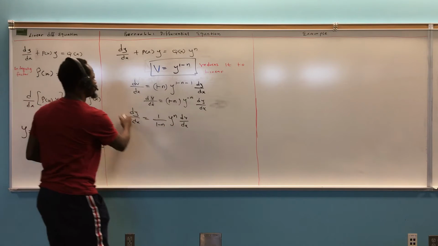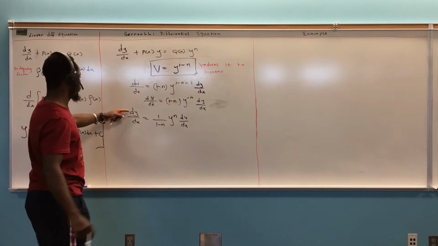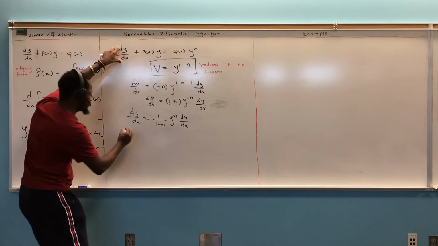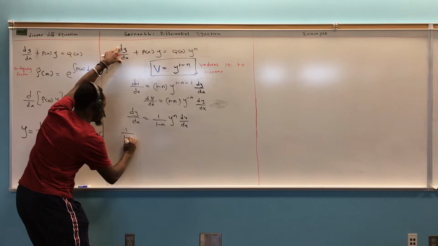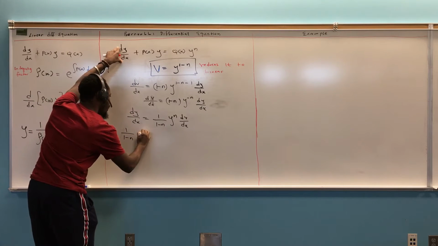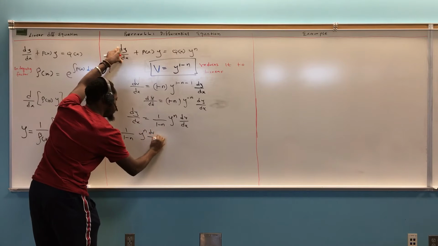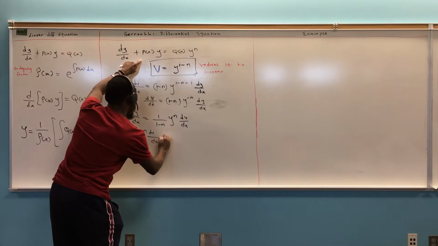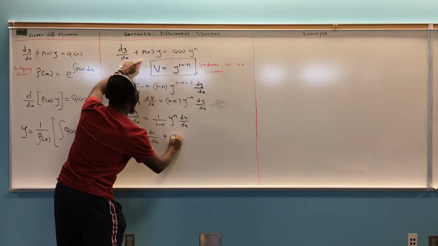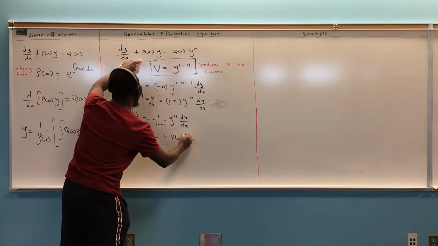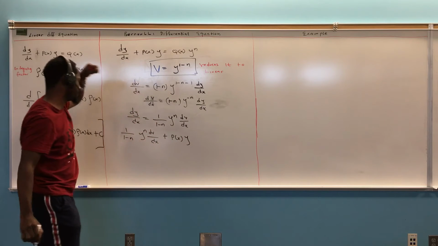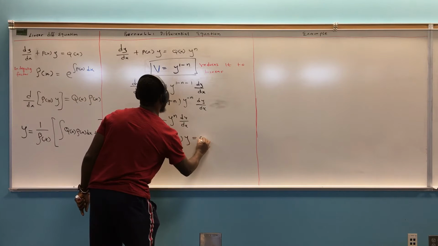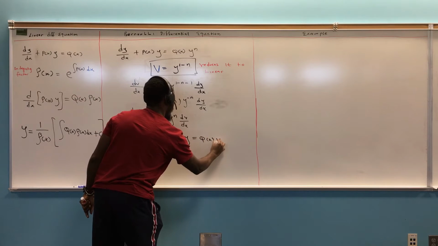Now we're going to substitute this back in here. Anywhere you see dy/dx, you're going to have this. So we have 1 over 1 minus n, y^n dv/dx, and then you have plus p of x y, and then you have equal to q of x y^n.